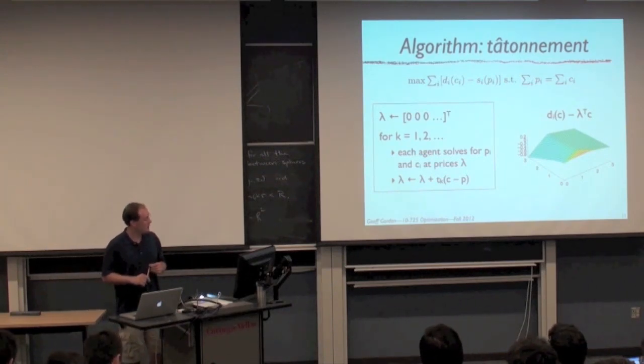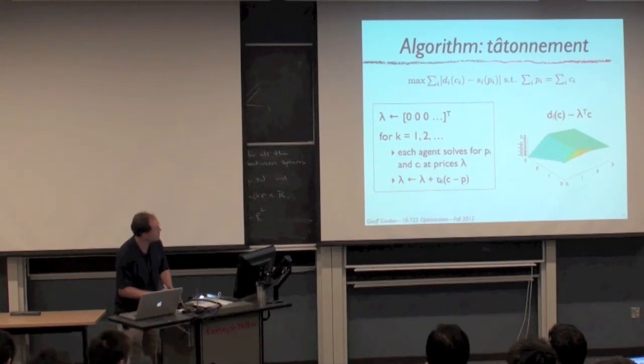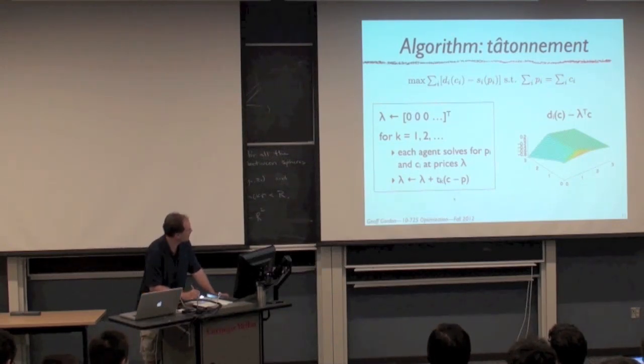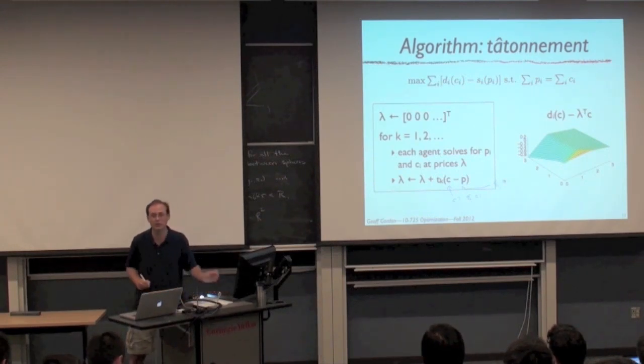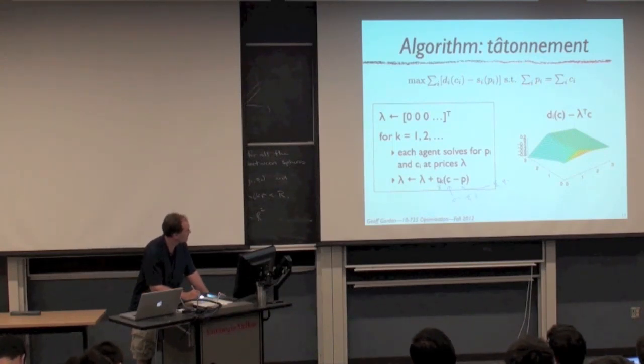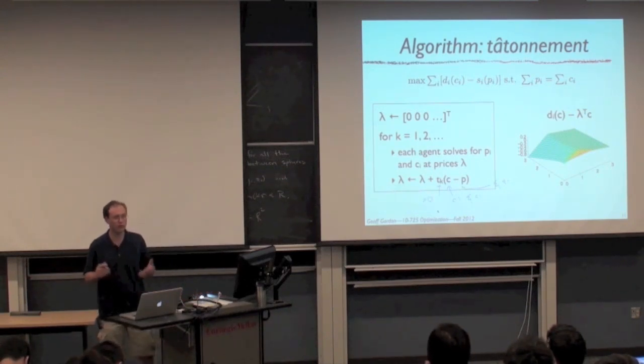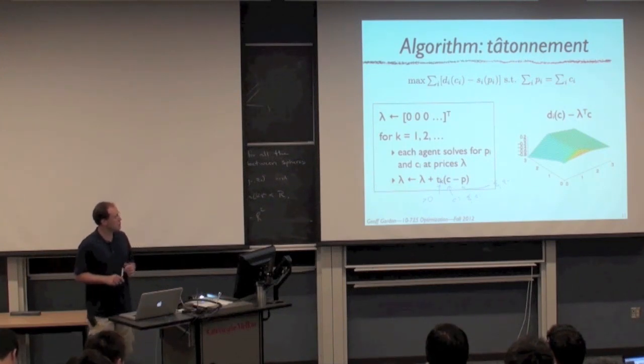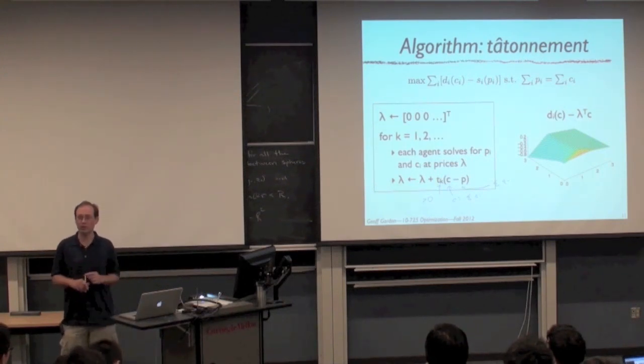And then if you define C to be the sum over I of CI, and P to be the sum over I of PI, total consumption and total production, and you take some learning rate, greater than 0 and sort of small, what you do is you just add the difference between consumption and production to your prices.